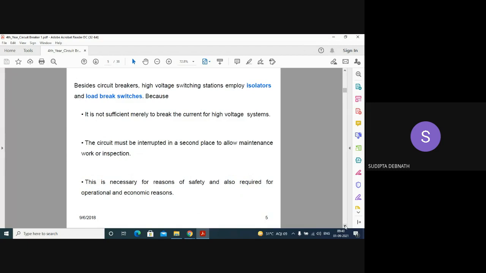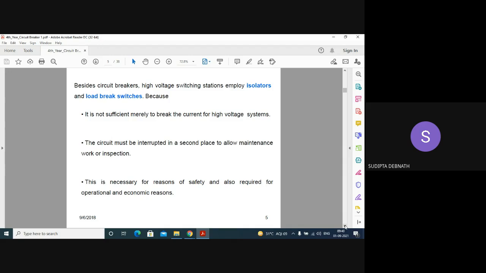Now, besides, circuit breakers are always accompanied by isolators or load break switches. Why are these used? See, it is not sufficient to merely break the current for high voltage systems.